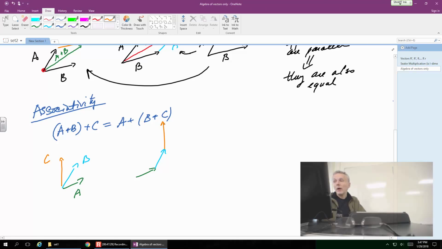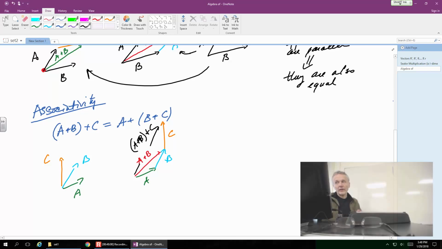Let me mark this again: this is A, this is B, this is C. A plus B is this, A plus B is here, and then you can also see A plus B plus C, this one: A plus B, the red one, plus C.